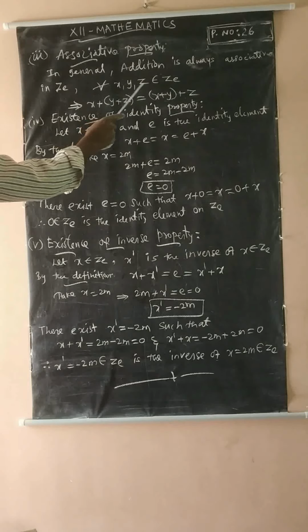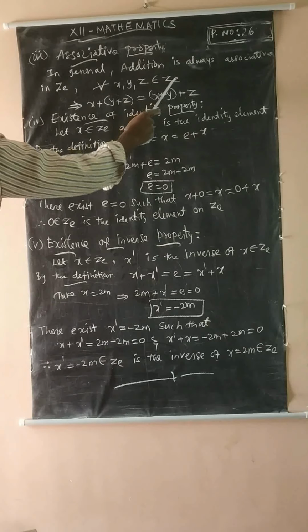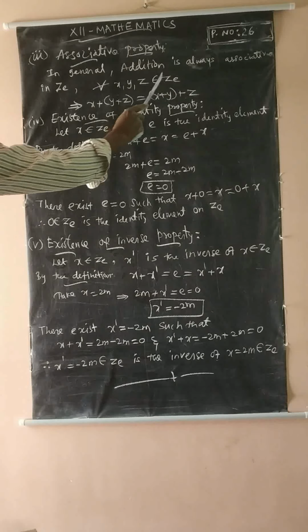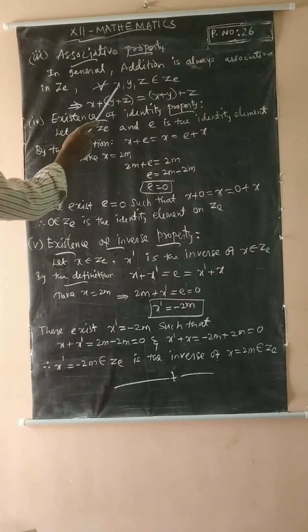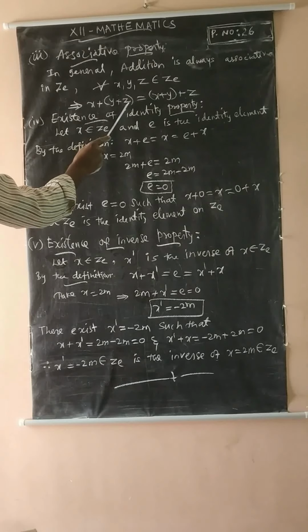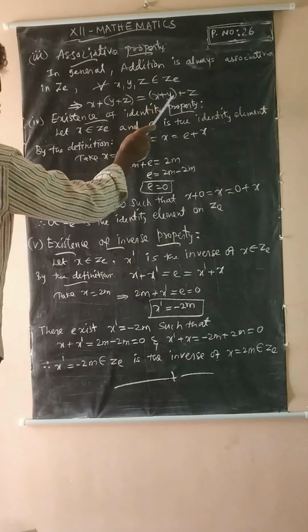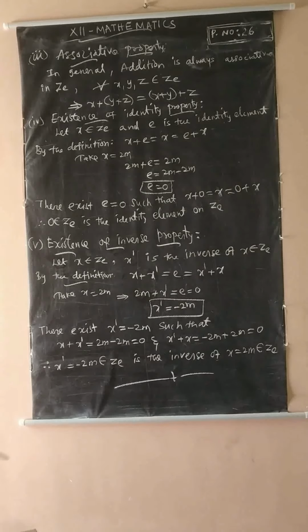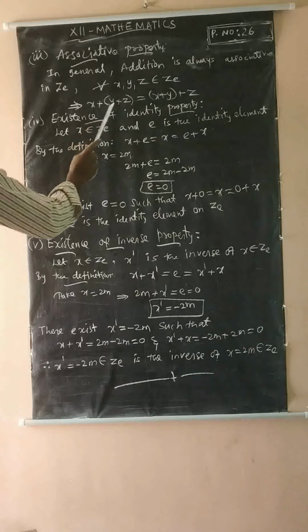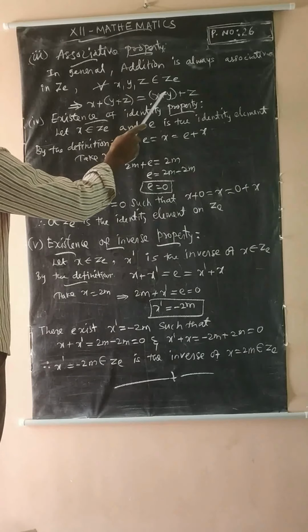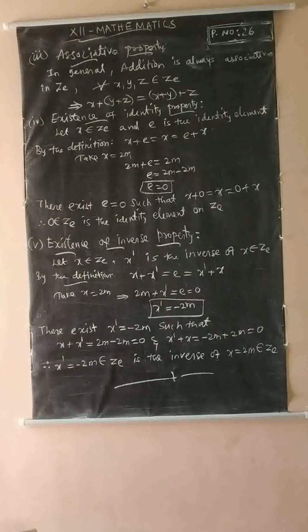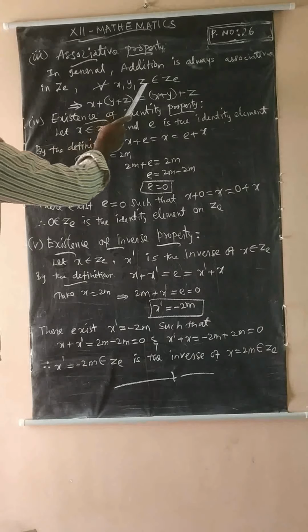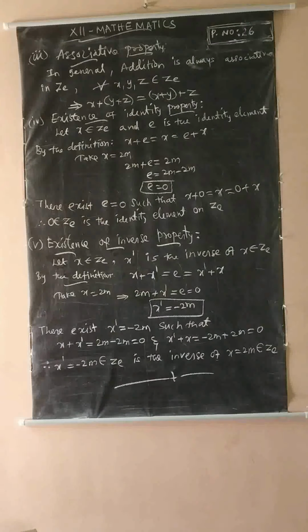For every x, y, z belongs to ZE, where ZE means the set of all even integers, x plus (y plus z) is equal to (x plus y) plus z. Here z means elements. Can you understand this? Okay, next.